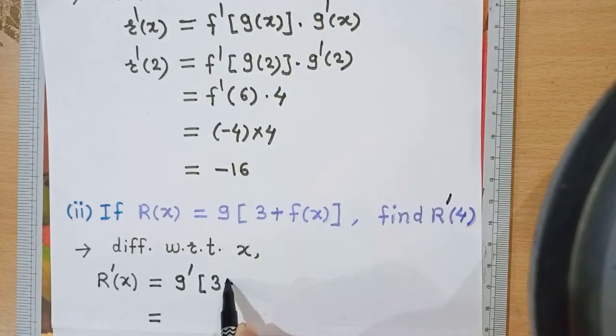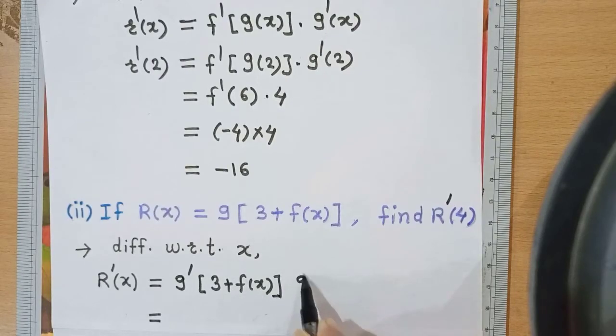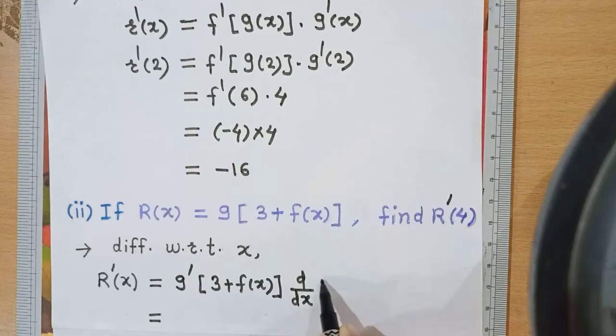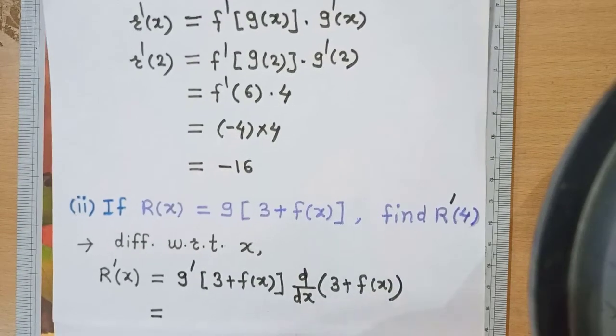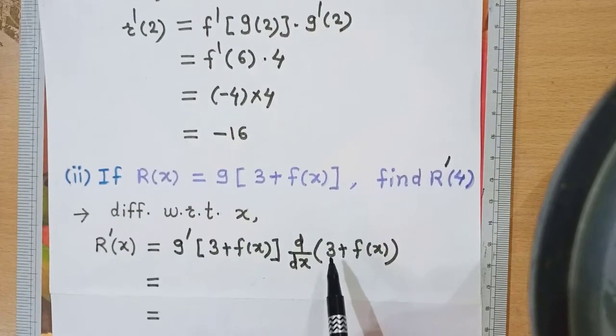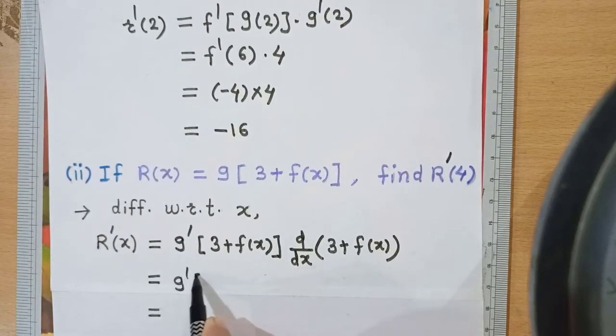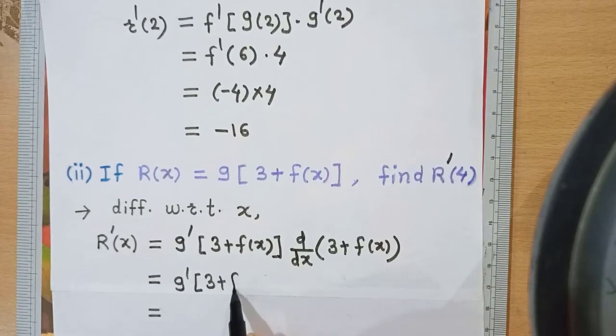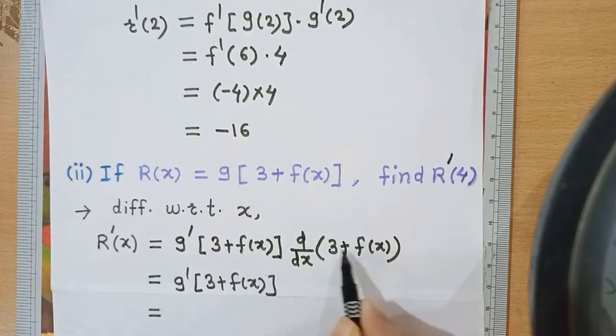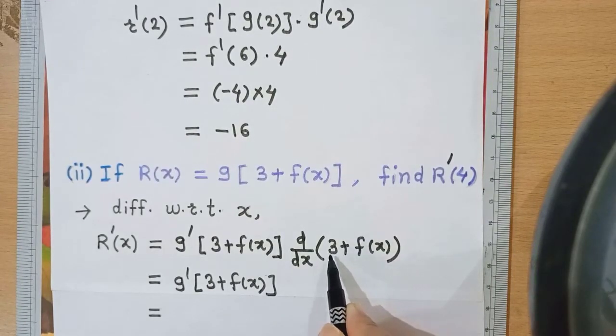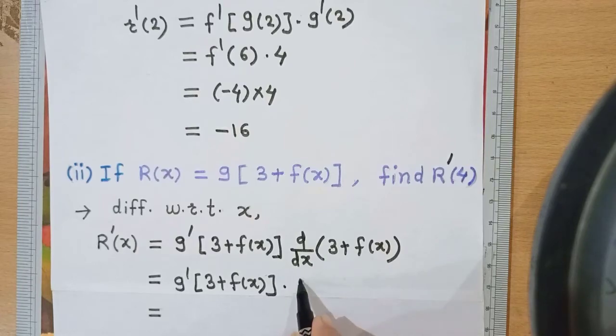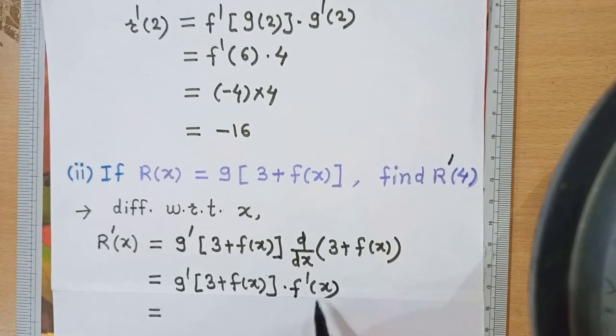So first g dash of 3 plus f of x, and again derivative of this means d by dx of 3 plus f of x. Now find out derivative: g dash 3 plus fx, and since 3 is constant its derivative is 0, and here we will write f dash of x.